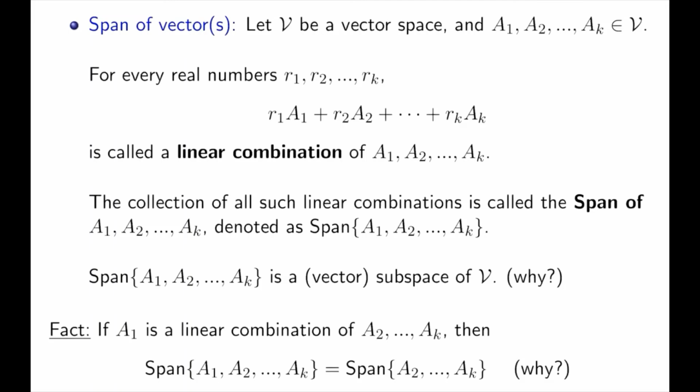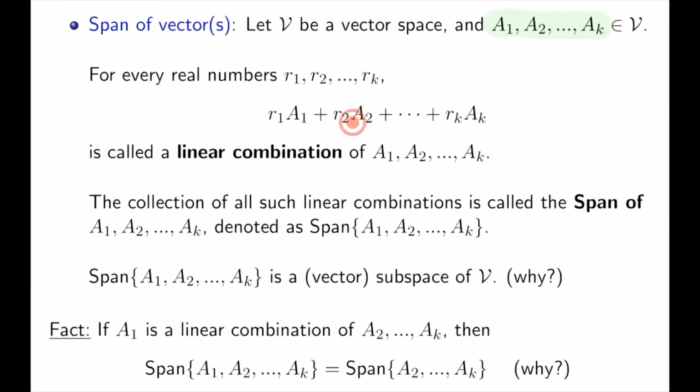Span. Often we are going to work with the collection of some given vectors. Say here we are given k vectors. Then we are going to use k real numbers. We multiply the first number with the first vector, the second number with the second vector, the last number with the last vector, and we add those together.